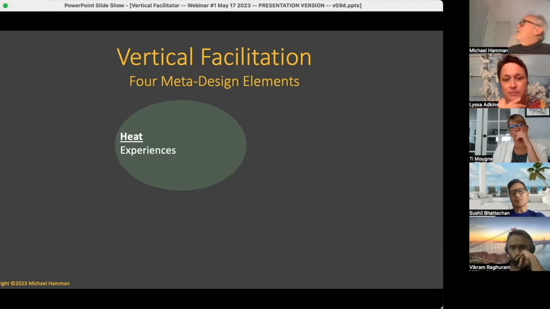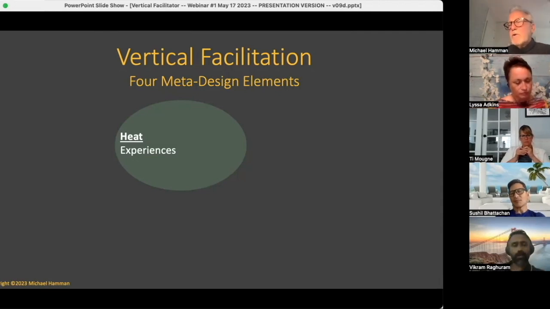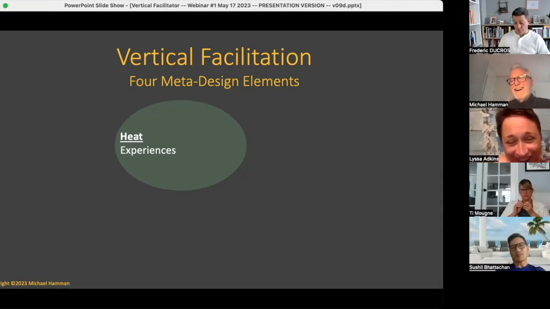Absolutely, and that raises an important point: I wouldn't say that any of this is stuff that we invented. It's more like we observed lots and lots of instances in which vertical learning was happening, whether it was us facilitating it or us being participants in it. And so we started to see the patterns, and there's a kind of pattern language to this.